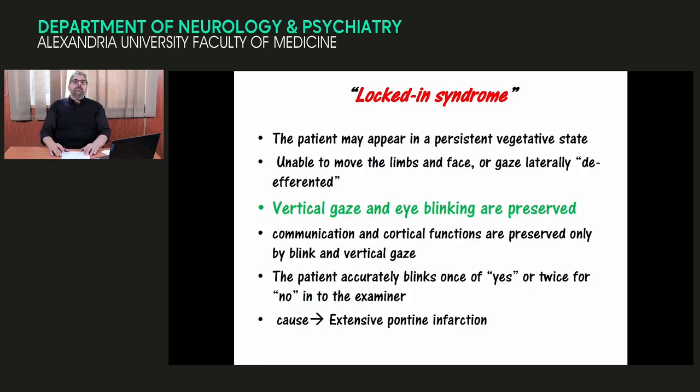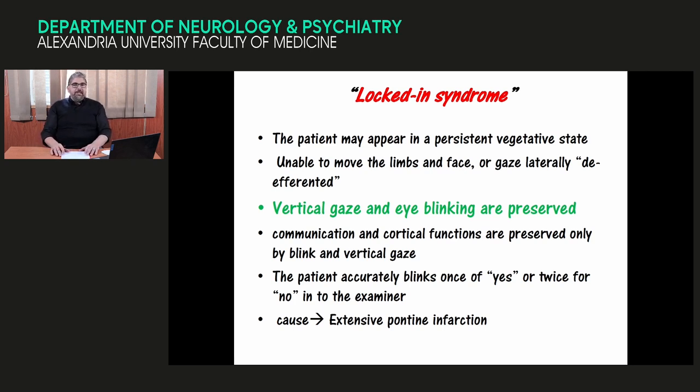The third point is the locked-in syndrome, which is selectively and exclusively specific for damage occurring in the pons. So the patient here is actually one of the variants of the persistent vegetative state.